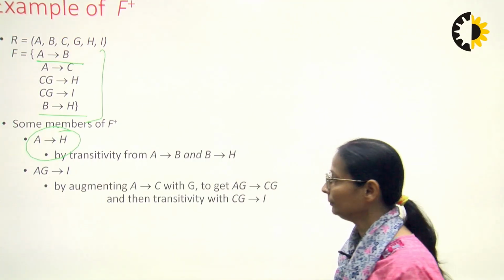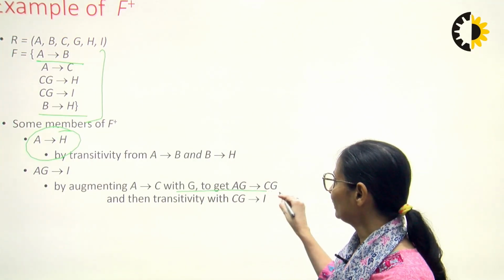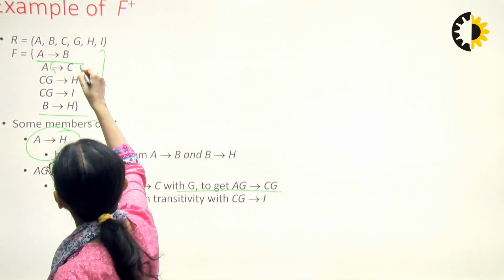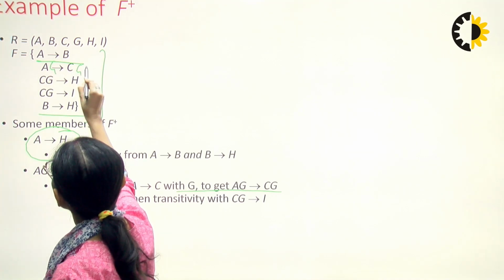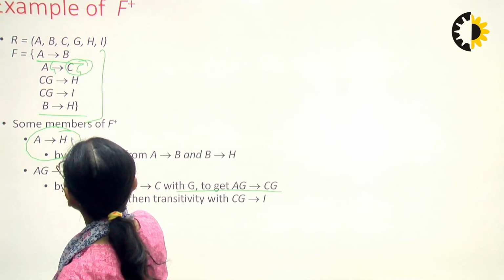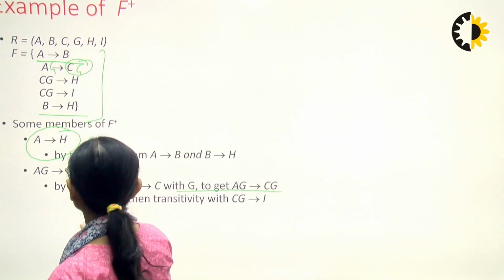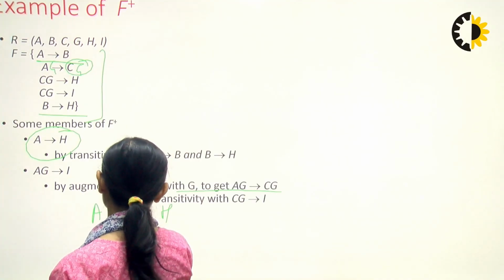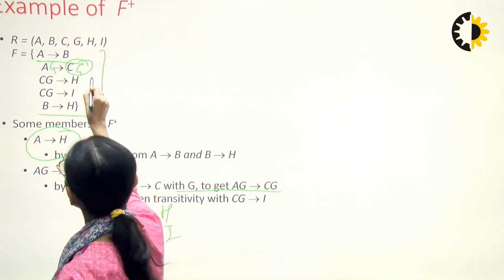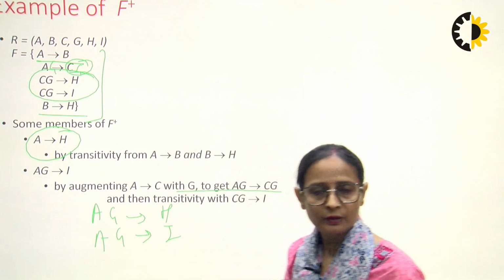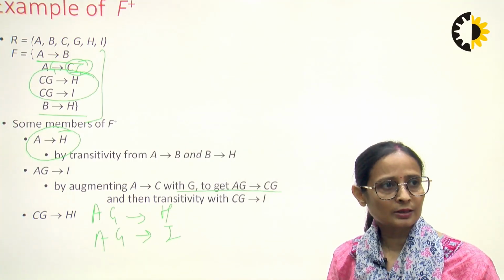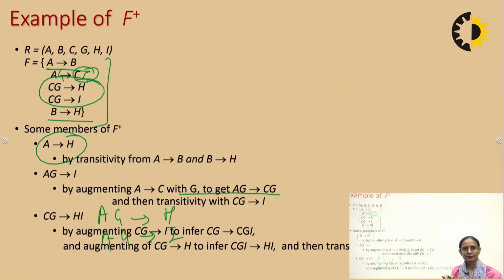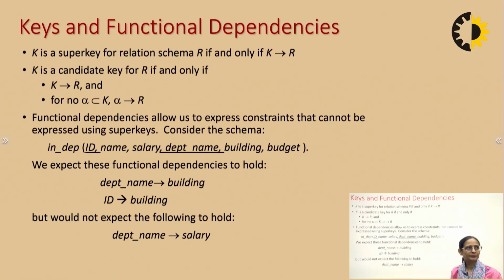By augmenting A to C with G to get AG to CG. And after this, CG to H, so it becomes AG to H, as well as another one, AG to I. This is how you will find new FDs in your FD set.